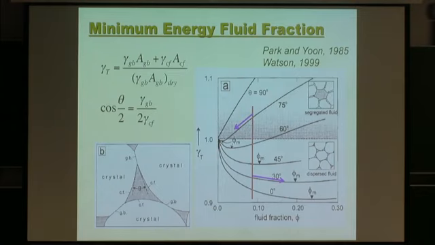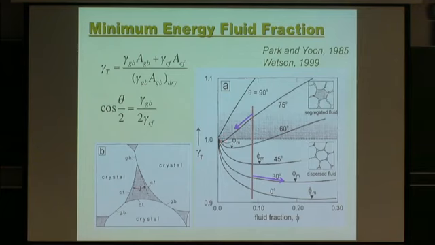So we think that comes from this really nice paper from Bruce Watson in 1999. So what's there, based on Park and Young's model, they basically say, hey, different materials, with different wetting behavior.